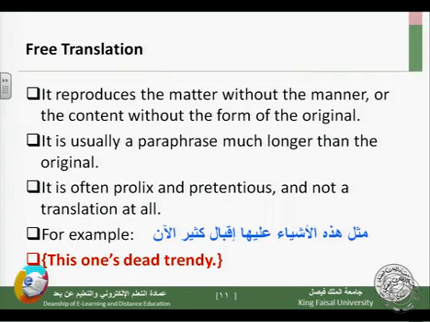So people start to use it, whether it is washing up liquid, or a t-shirt or whatever. It is trendy. It means it's fashionable. It is modern. It is what everybody is using. So when you translate مثل هذه الأشياء عليها إقبال كثير الآن in a way like "this one is dead trendy," people understand you right away. This is free translation, but it's really everyday language, and it's a beautiful translation, of course, but you know, it's free.